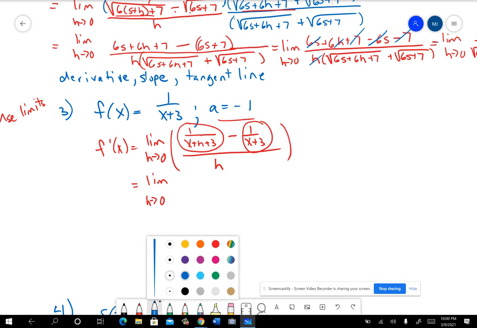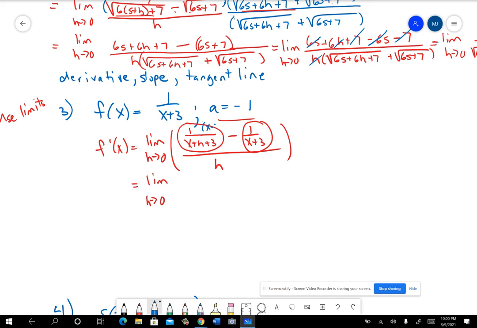So here's where you would multiply the top and the bottom here by x minus 3. And then on this one, the top and bottom needs to get multiplied by x, not minus 3, it's plus 3. It's the same as what you see there. And then on this side, I'm missing the x plus h plus 3 factor. So I'm going to multiply top and bottom by x plus h plus 3. Okay.